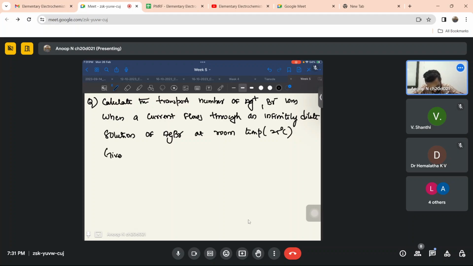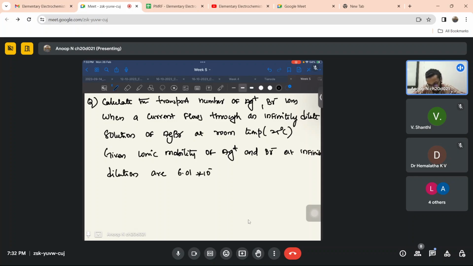Given the ionic mobilities of Ag plus and Br minus at infinite dilution are 6.01 into 10 raised to minus 8 and 8.04 into 10 raised to minus 8 meter squared per volt second, respectively. So it's an easy question.